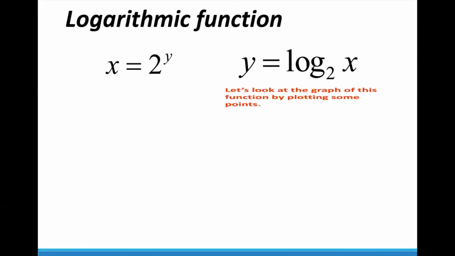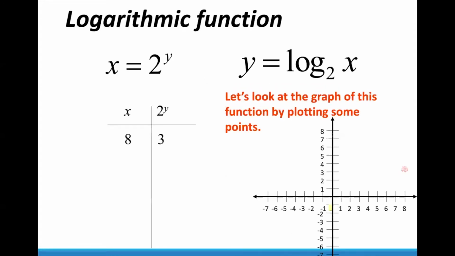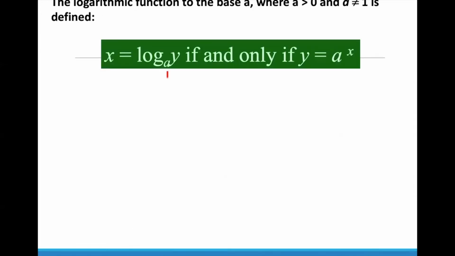So the logarithmic function, as we have in the activity, is just the inverse of the exponential function.